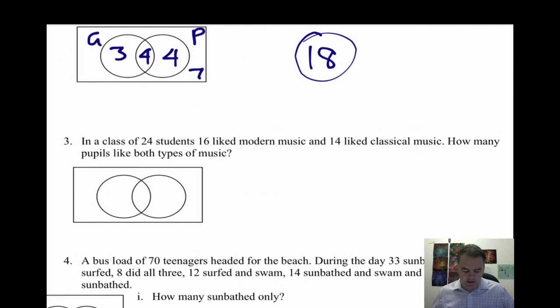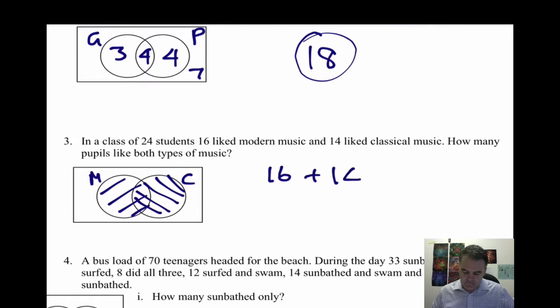Last one. In a class of 24 students, we've got modern music and classical music. 16 like modern music, 14 like classical music. How many pupils like both types of music? Okay, so if we add up everybody in that circle there, we get 16. If we add up everybody in this circle here, we get 14.